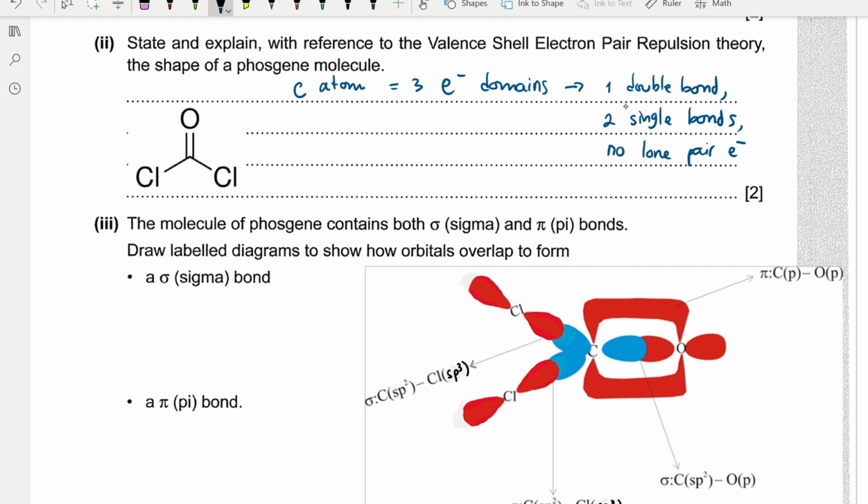And therefore, the structural geometry is trigonal planar, and the angle is around 120 degrees. Of course, the C=O double bond has higher repulsion than the C-Cl single bond. So this bond here is actually a little bit more than 120, and this bond here is a little bit less than 120, but we can just say around 120.